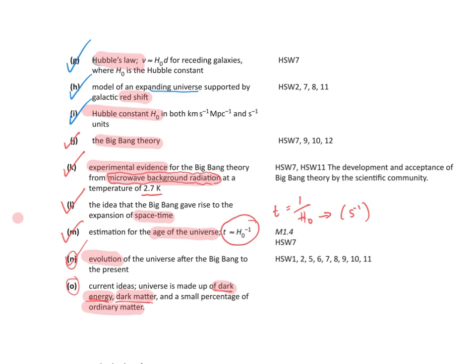They said, well, if we can only see matter in the center, and we would expect the speeds at the edge of the galaxy to be moving slower, that means that there's mass that we can't see, and that's what they call dark matter. And we only know about the ordinary matter that we can see, which only makes 5% of the universe. So it's a good thing to know roughly the percentages of dark matter, dark energy, and ordinary matter.